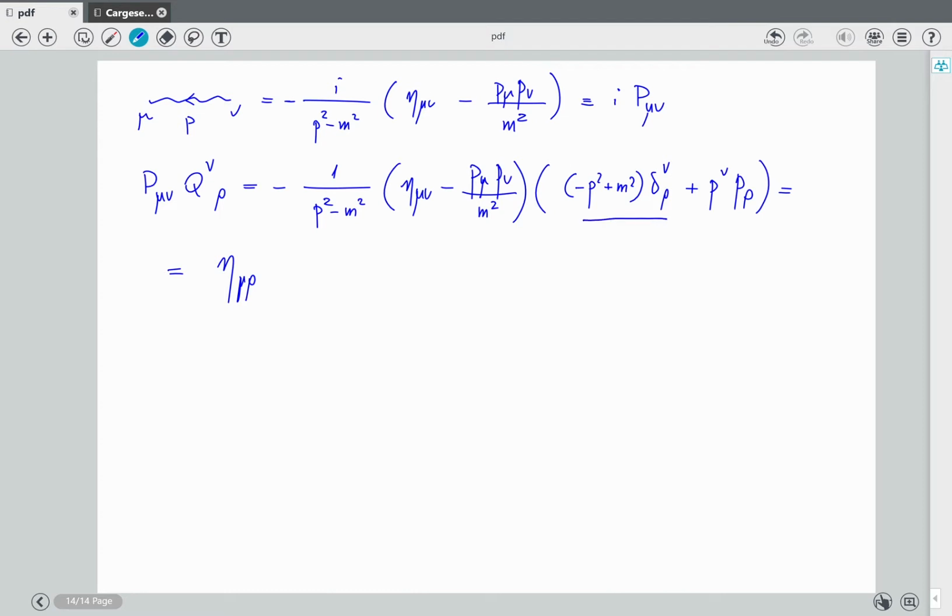So far we have multiplied this times this. What happens when we multiply that times that? 0, because there is a contraction of p with this object which is transverse, and the contraction will give 0. So basically we have already multiplied η_{μν} by both, and what remains is just to multiply that by both. So we will get plus, so minus and minus will give plus, 1 divided by m², p² minus m².